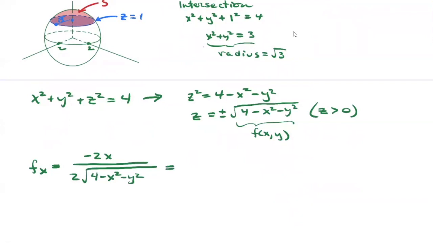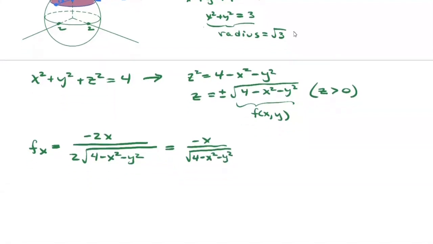So this is just negative x over the square root. And it's just logical that fy would be symmetrically the same, but have a negative y on top. Okay, so those are the two partial derivatives.